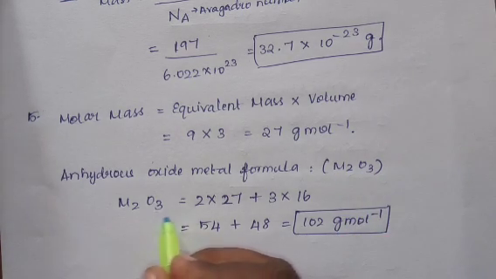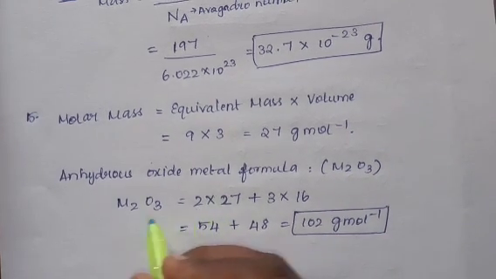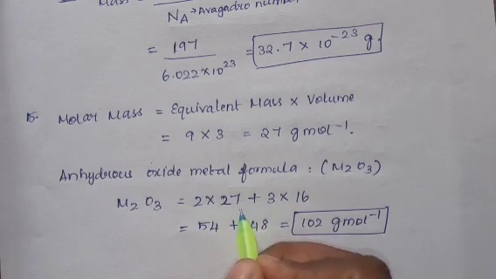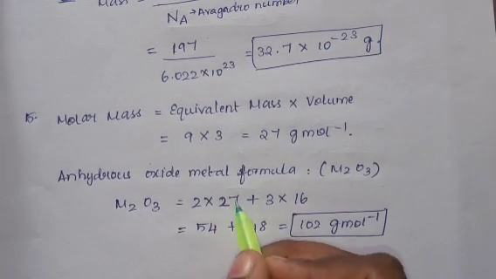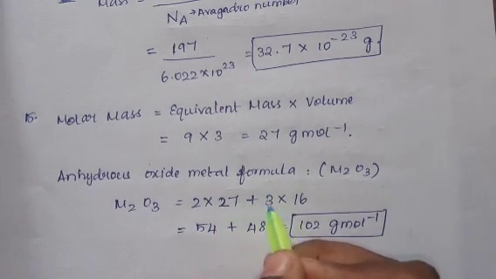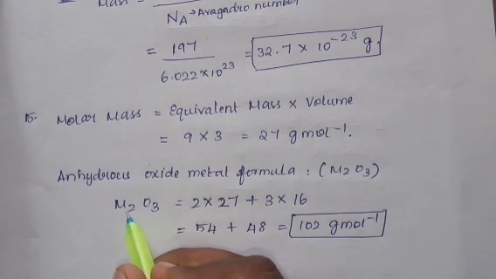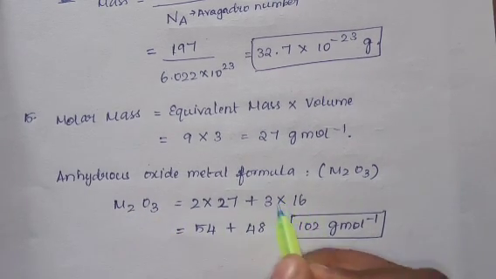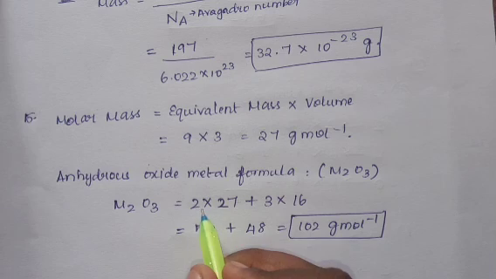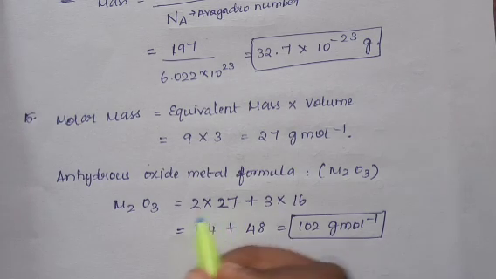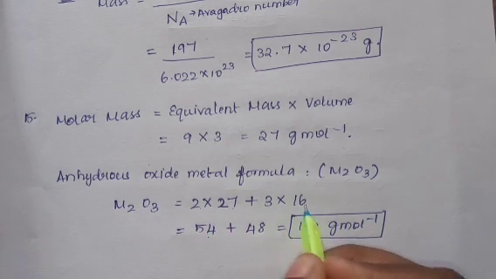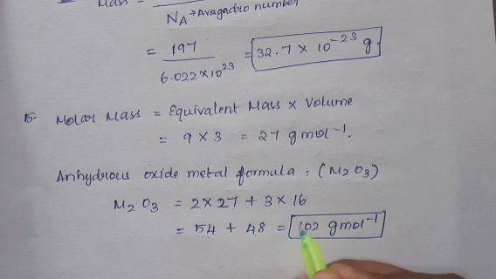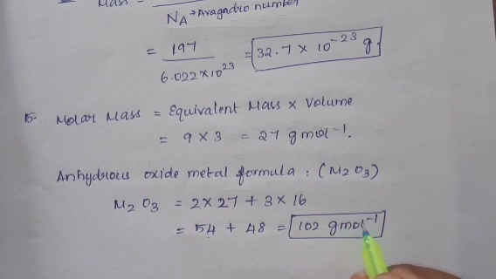So molar mass of M2O3 is 2 into 27 plus 3 into 16. 2 27s are 54, 3 16s are 48, which is equal to 102 gram mole power minus 1. So this is the answer.